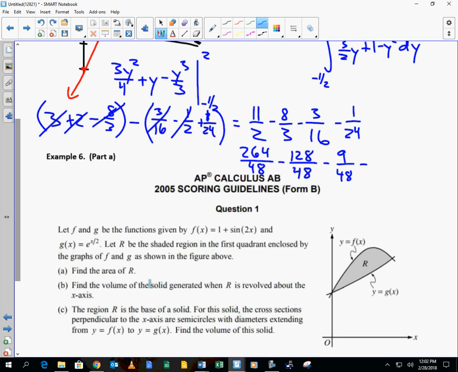And then get a 2. I made a mistake there, but oh well, we'll see. 264 minus 128. Let's see. 132. 136 minus 9. 127 minus 2.